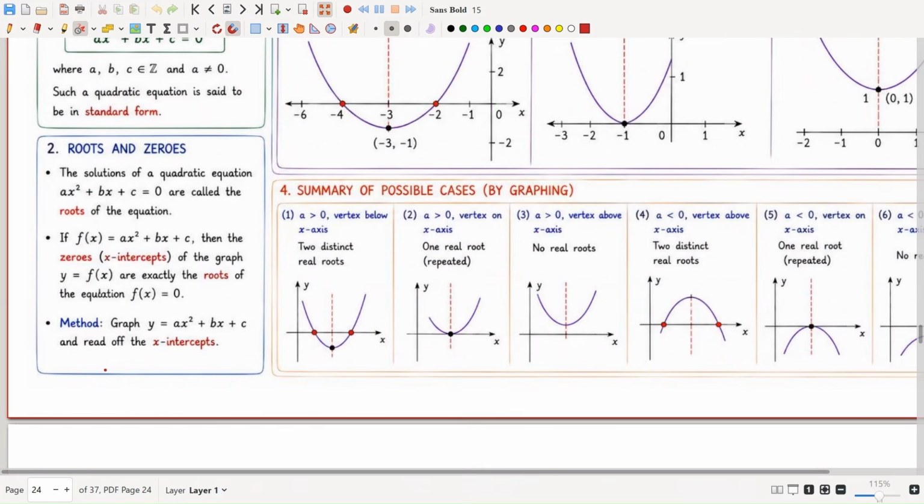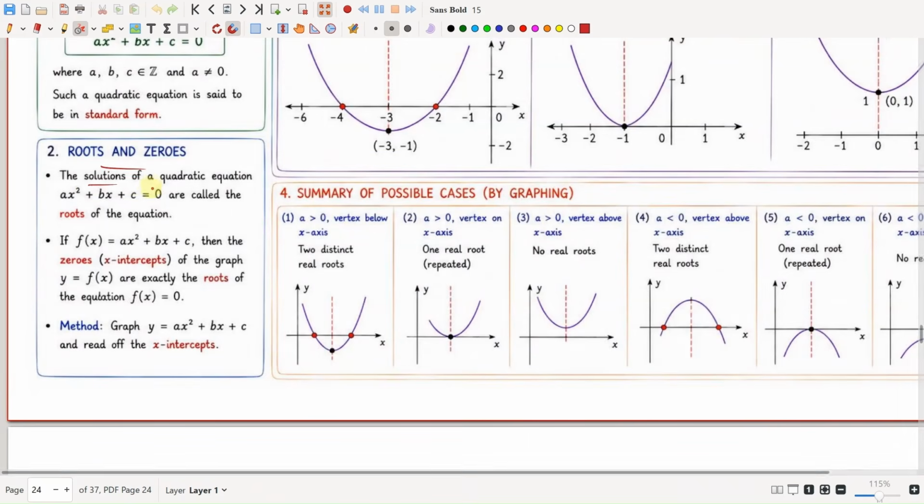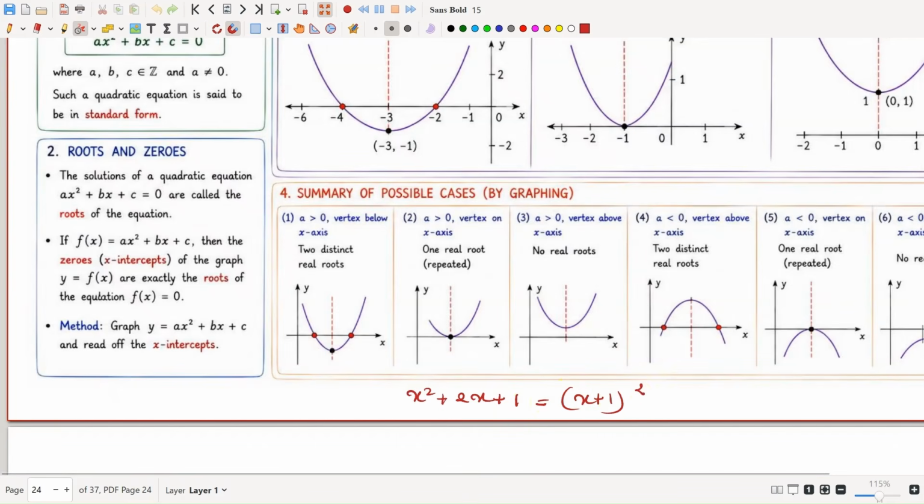So now let us see what we call roots and zeros. The solution of the quadratic equation is what we call the roots of the equation. Let us take this quadratic equation, x square plus 2x plus 1, which we can write as x plus 1 the whole square.